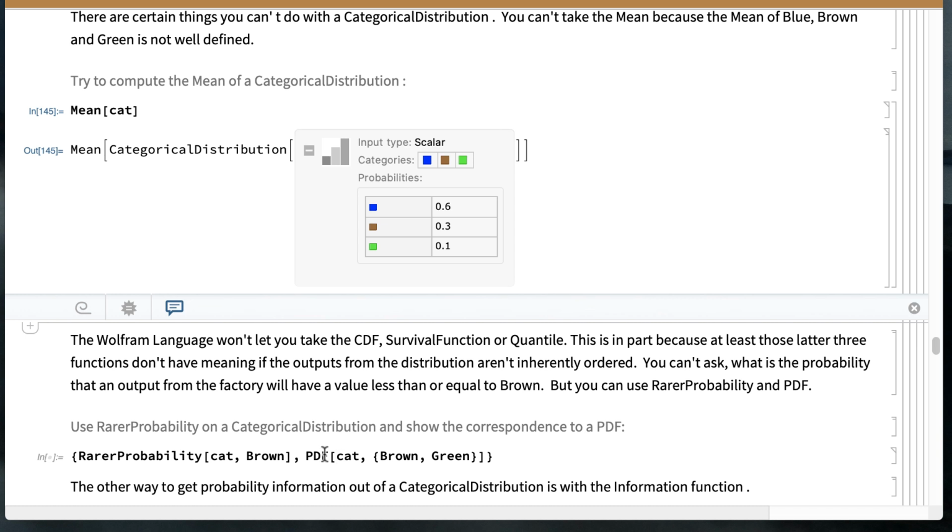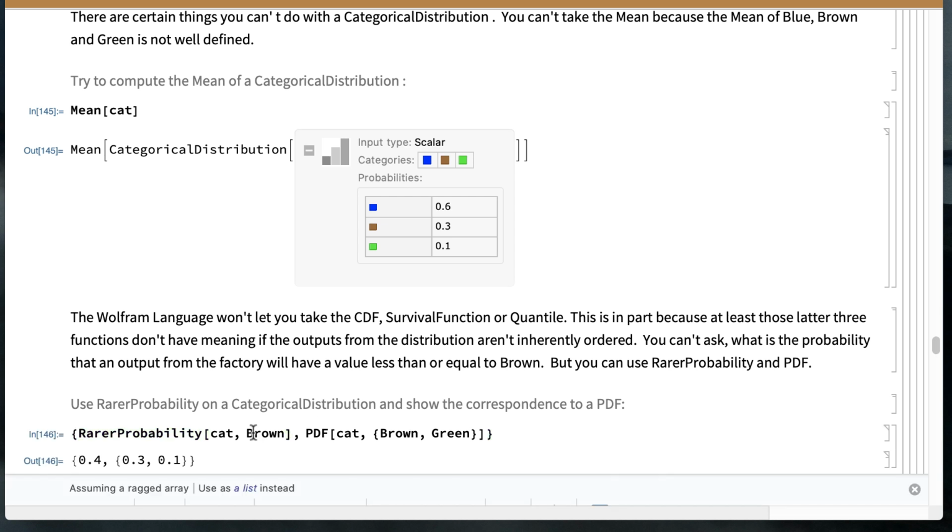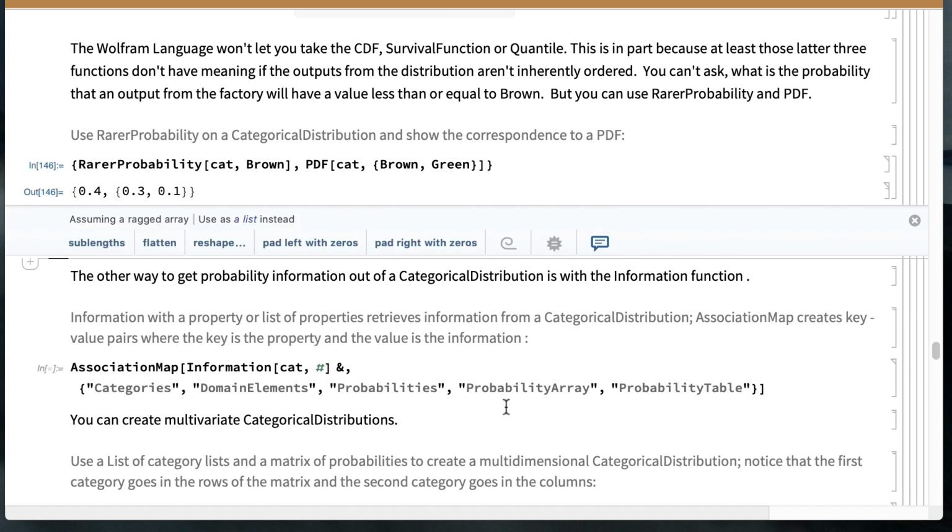So we can compute that, and we can compute the probability of getting a brown or a green. Let's look at that. All right. And so you can see that the rarer probability is equal to the sum of the probability of those items that themselves have an equal or lesser probability.